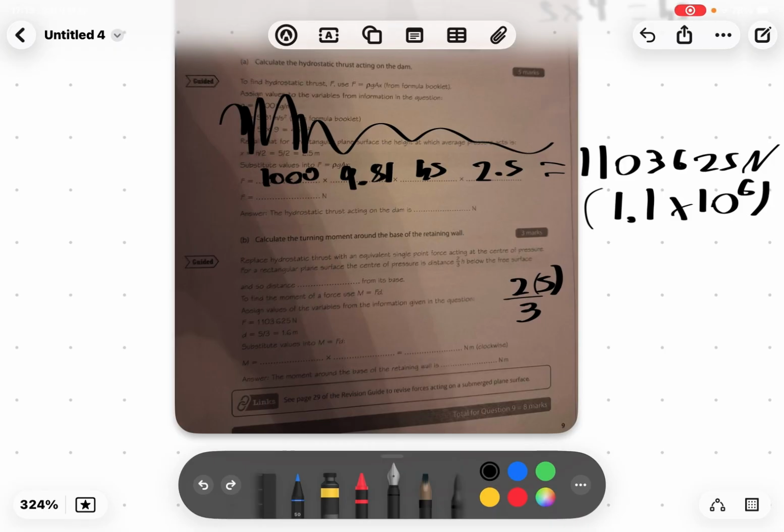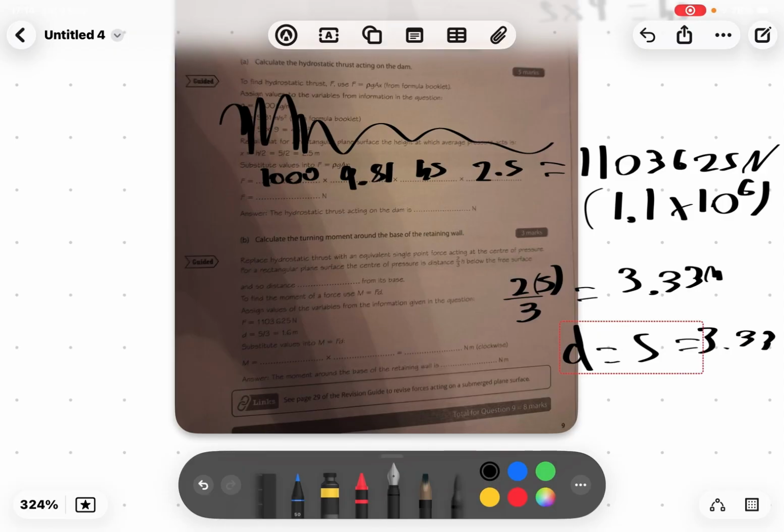Then the distance above the base is what we need. First of all, this equals 3.33 meters, and that's below the surface. So the distance above the base, 5 is the maximum, so 3.33, because that's what's below. We're looking for the middle part, whatever's in between.